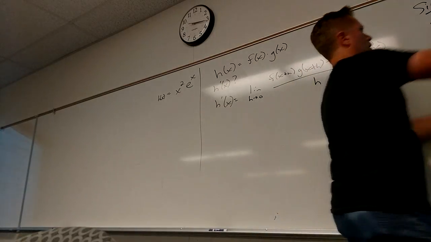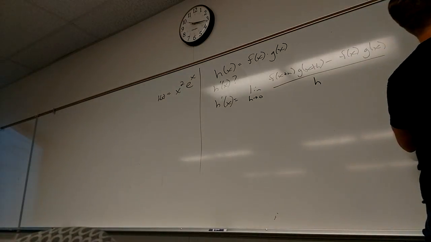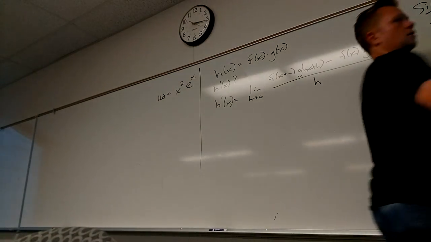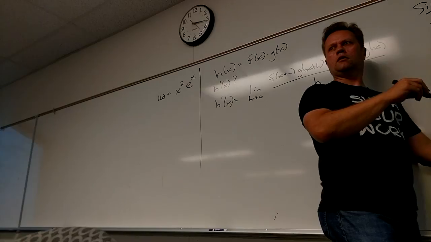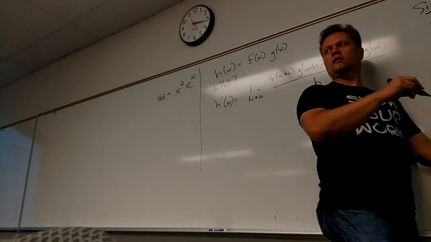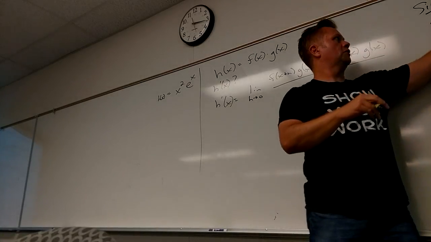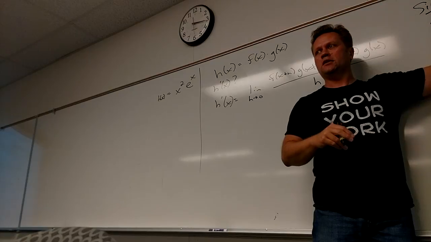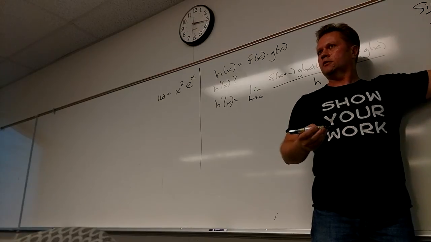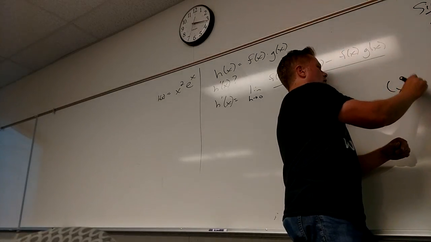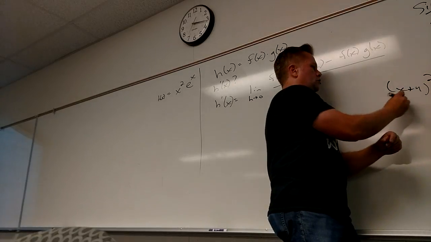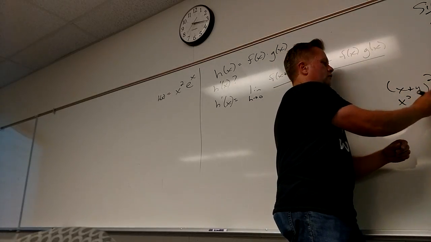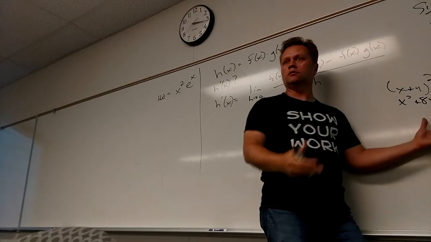I think it was dividing the 6. Yeah, you cut the middle term in half and then square it. Let's think about it. If I square x plus 4, don't I get x squared plus twice 4 times x plus 4 squared?